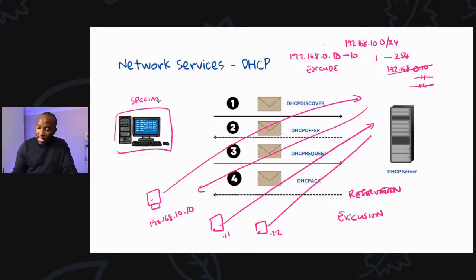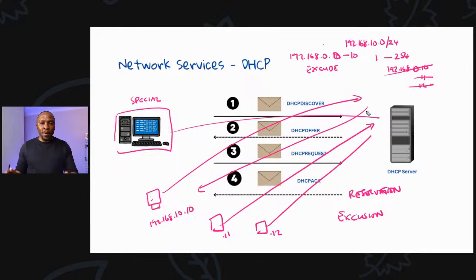So we'll connect this PC to the DHCP server. It will get a DHCP IP address, and then we take that IP address and reserve it. And DHCP is not going to issue that IP address to anyone else except this particular computer. So there are two ways. You can either exclude or you can reserve an IP address.